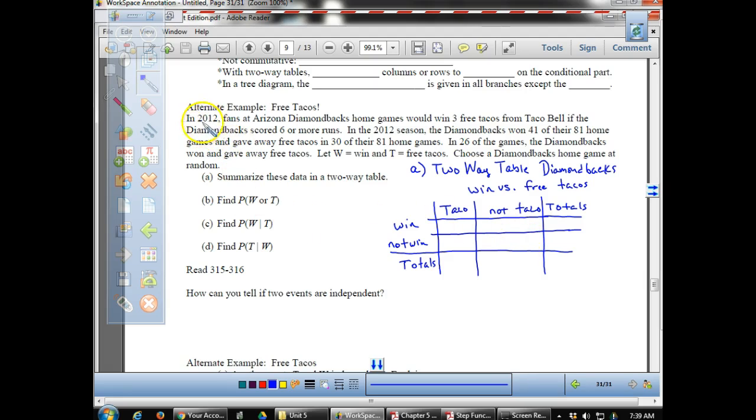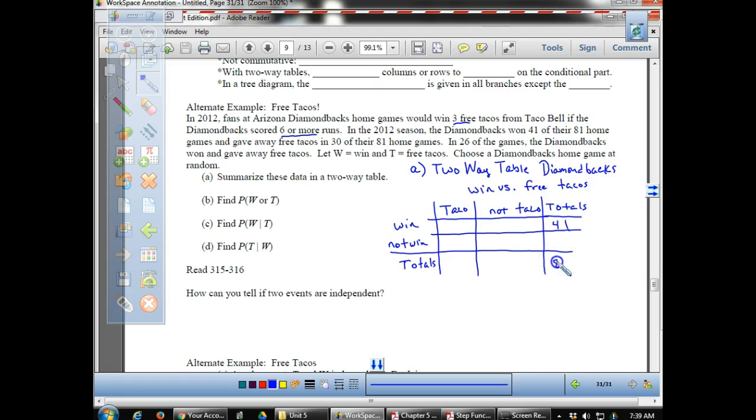So let's read this scenario here. In 2012, fans at Arizona Diamondbacks home games would win 3 free tacos from Taco Bell if the Diamondbacks scored 6 or more runs. In the 2012 season, the Diamondbacks won 41 of their 81 home games. So let's put that information in here. So they won 41.